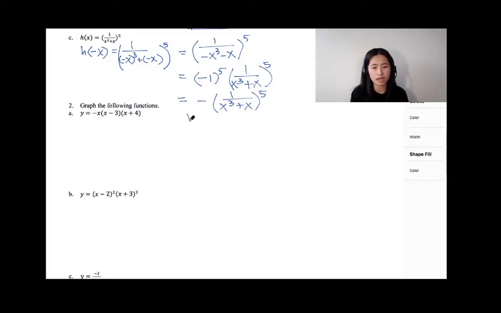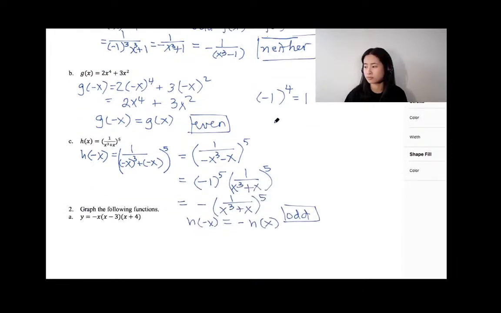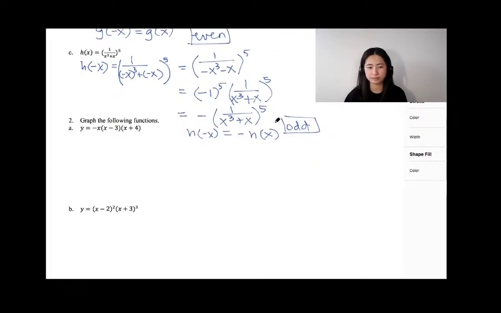When you plug in h of negative x, you're getting negative of h of x, which is an odd function. Because going back to this, what did we say? If it's an odd function, if you plug in negative x in your function, and you're getting the negative of the same exact function, which is f of x, you're going to have an odd function. Cool.